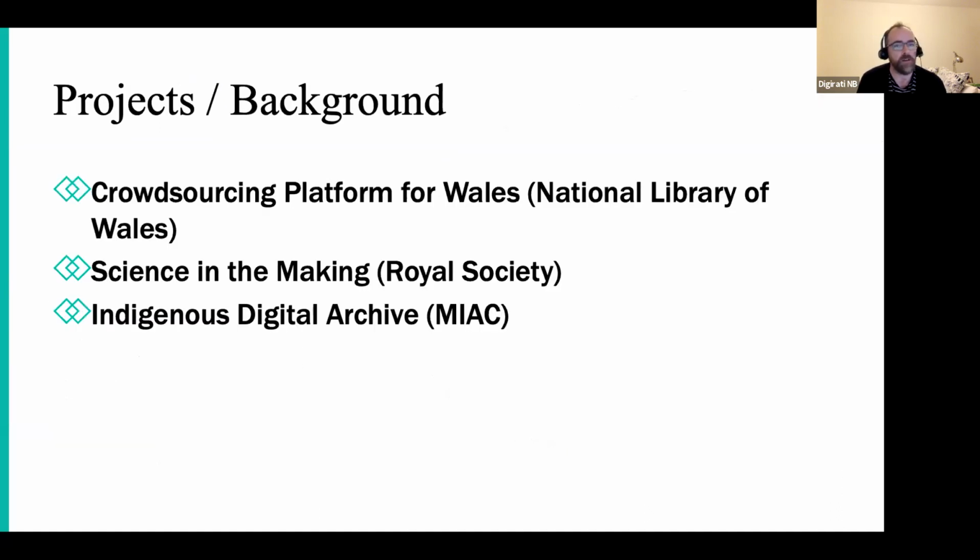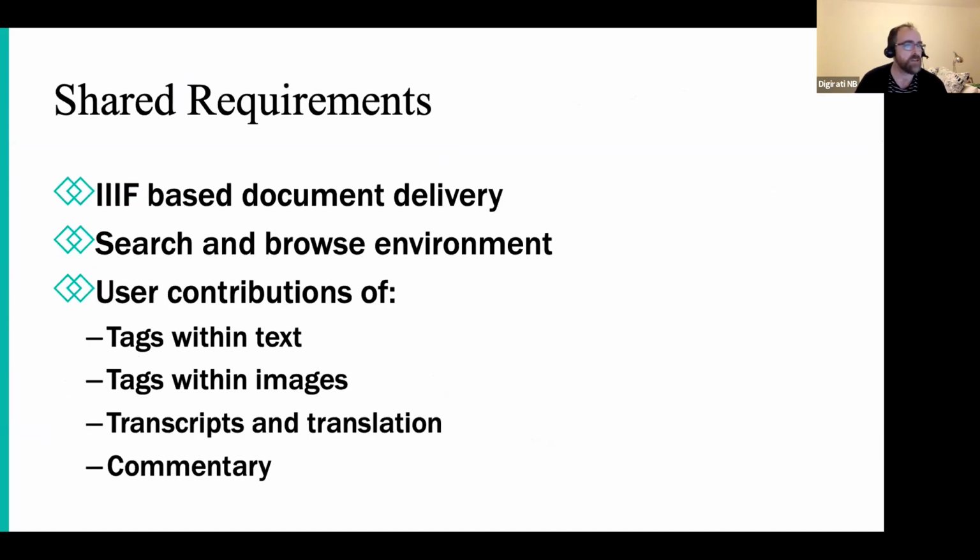The background to this is that in late 2016, early 2017, we began 3 projects more or less concurrently: the crowdsourcing platform for Wales, a project through the National Library of Wales; Science in the Making, a project for the Royal Society in London; and the Indigenous Digital Archive, a project for the Museum of Indian Arts and Culture in Santa Fe, New Mexico. They all had some very similar requirements.